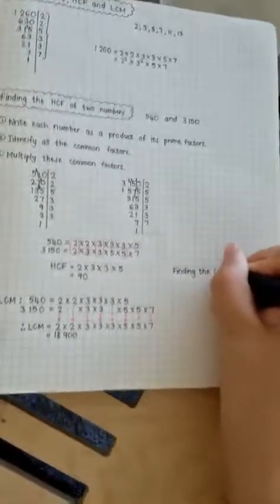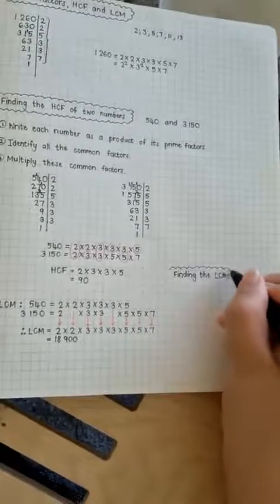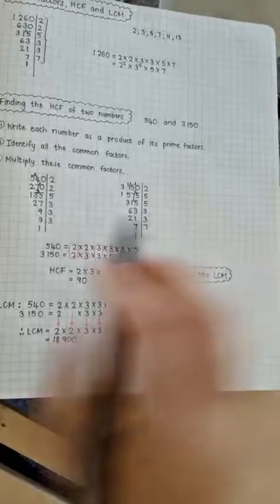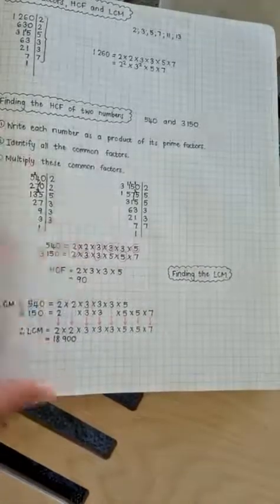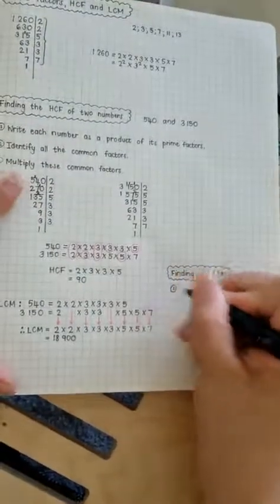Finding the LCM. Okay, so for this first step, we had already done the first step in this question, right? We had already done this whole factor tree thing, but if you didn't have that, you would have to do that first.